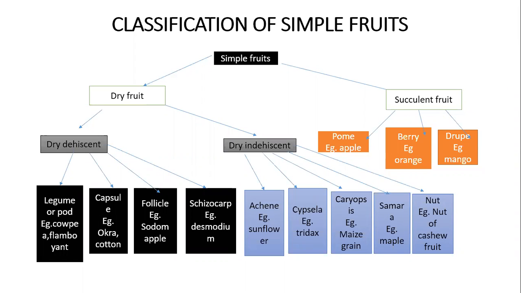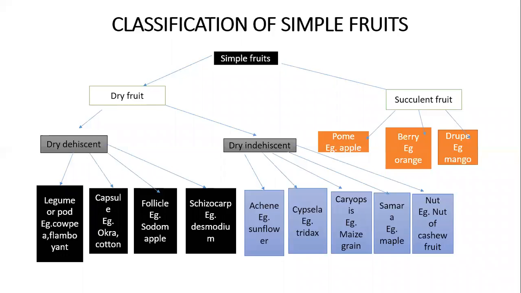So this one, they don't split to release the seeds on their own. Normally, the seeds are attached, or fastened, to the walls of the fruit. So that's how come they don't normally split open on their own to release seeds.